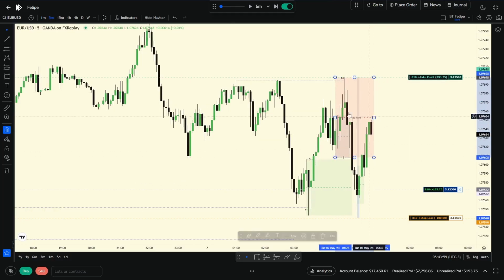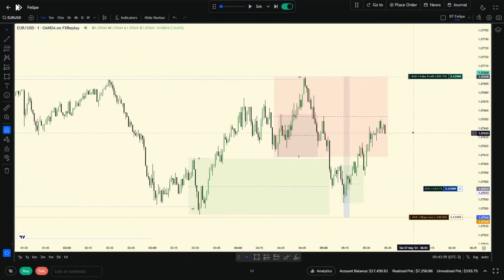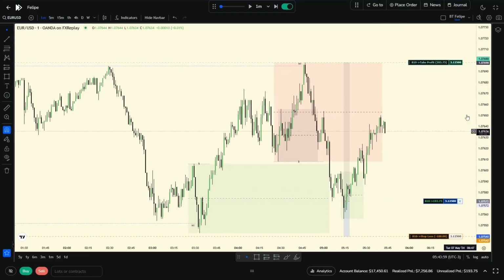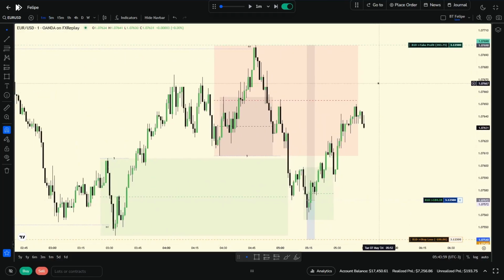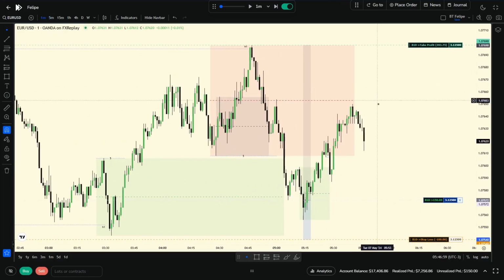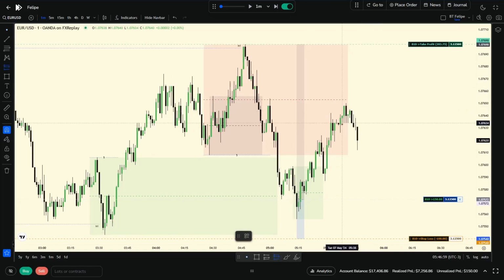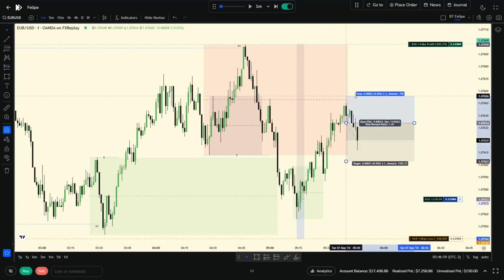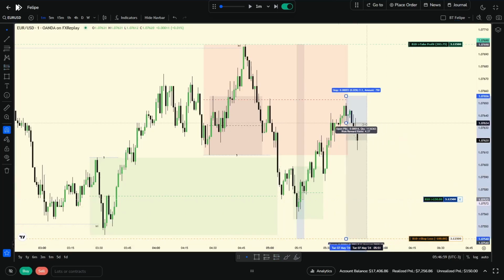Actually, this would be the whole POI. I want to short a little bit above. I could try to do something like this, but then it won't be a full hedge. I'll wait for above.